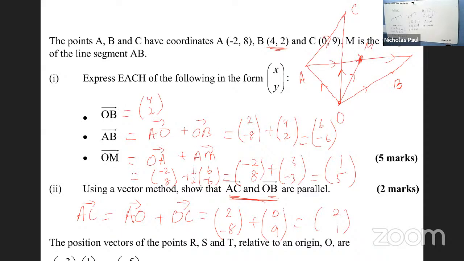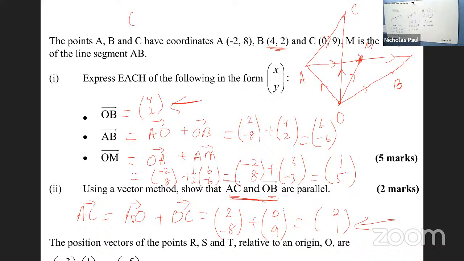Right? Look at OB and look at AC. Are they parallel? AC is 2, 1, OB is 4, 2. Right, okay. So you can multiply AC by 2, you get OB.